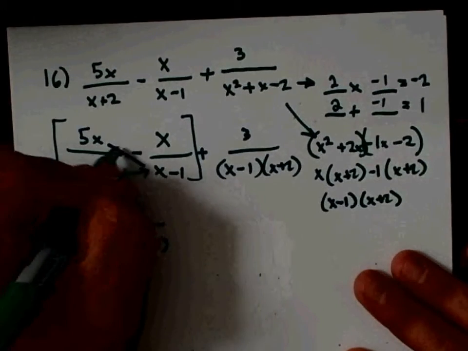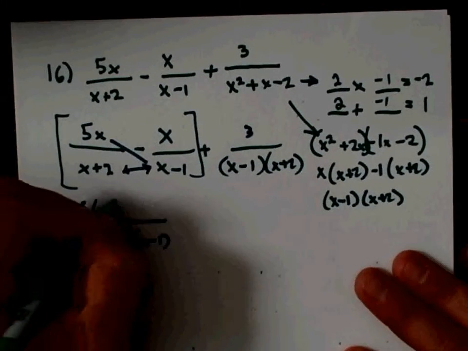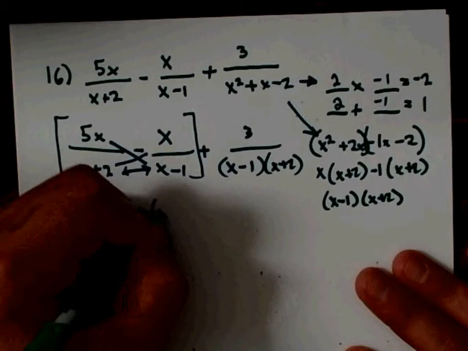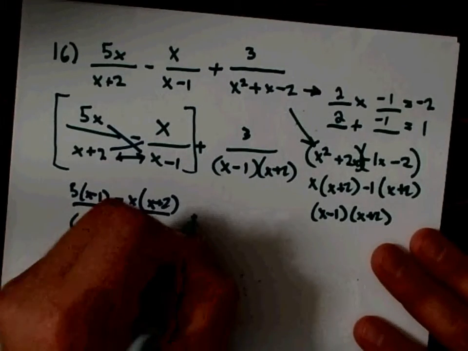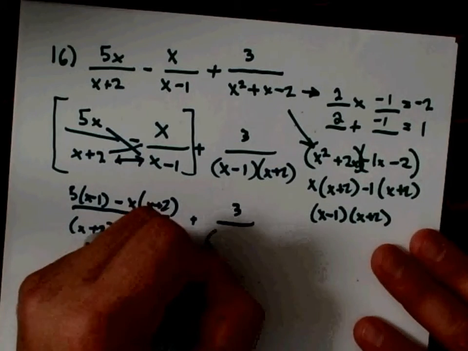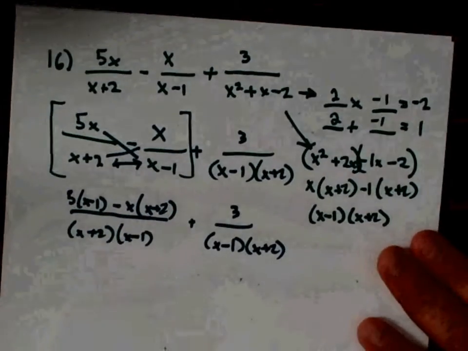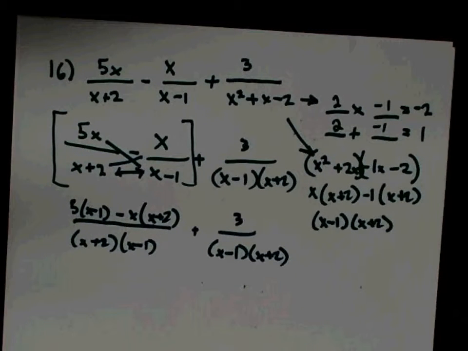Cross multiply, this is going to be 5 times x minus 1 minus cross multiply x times x plus 2. And then this side still has this, and we'll worry about this in a minute. If I'm looking back at the work that y'all graded this on, this is highly different than the way that she did it.